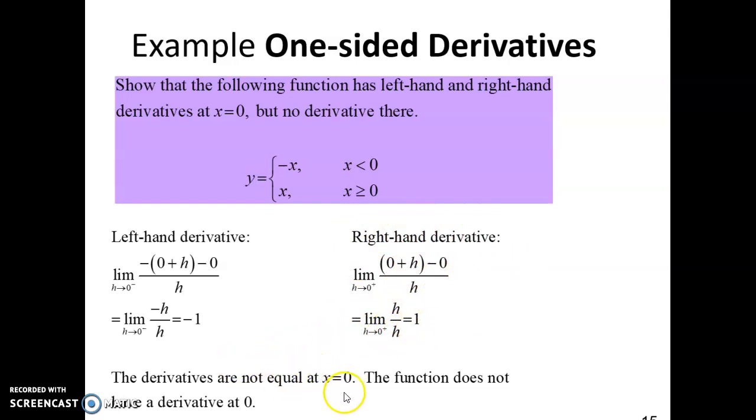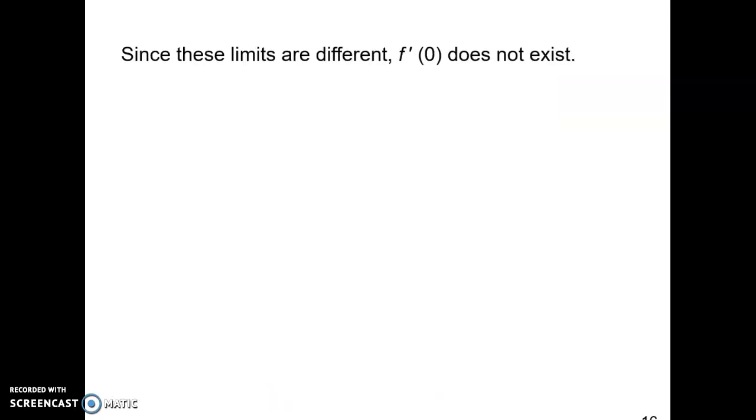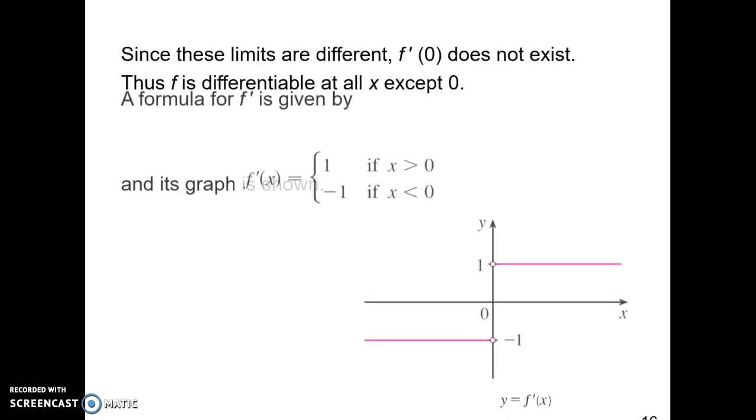And those derivatives will never equal at x equals 0. Therefore, the function will not have a derivative at x equals 0. So, since these limits are different, the derivative at 0 would not exist. Thus, f is differentiable everywhere except at x equals 0.